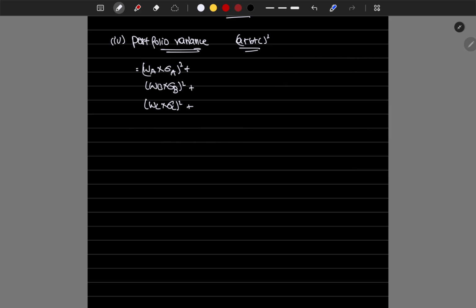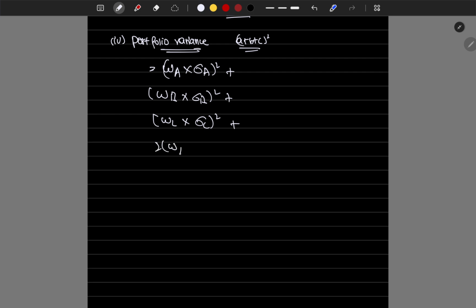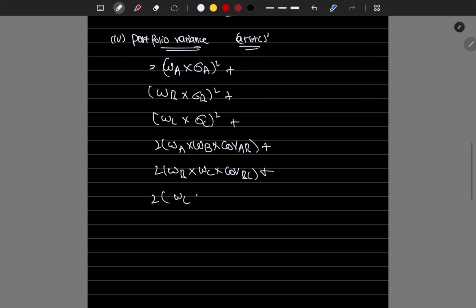The formula is: weight of A into sigma A the whole square plus weight of B into sigma B the whole square plus weight of C into sigma C the whole square, plus 2 into weight of A into weight of B into covariance AB, plus 2 into weight of B into weight of C into covariance BC, plus 2 into weight of C into weight of A into covariance AC. I just misunderstood covariance as correlation, so my mistake.